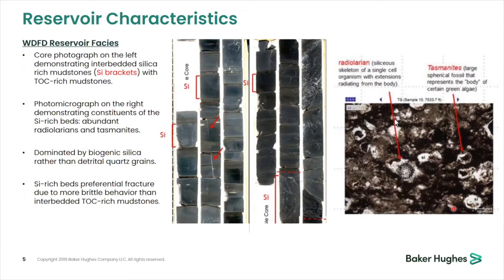For example, when you're moving up dip onto the Cherokee platform or the Anadarko shelf, the abundance of these biogenic silica beds decreases, due to depositional environment constraints. But when you're looking at the XRD, the quartz is being reported in similar quantities. This is due to a switch from biogenic silica to detrital quartz dominating the sediment, and that can have some effects on production. So it's important to keep that in mind as well.